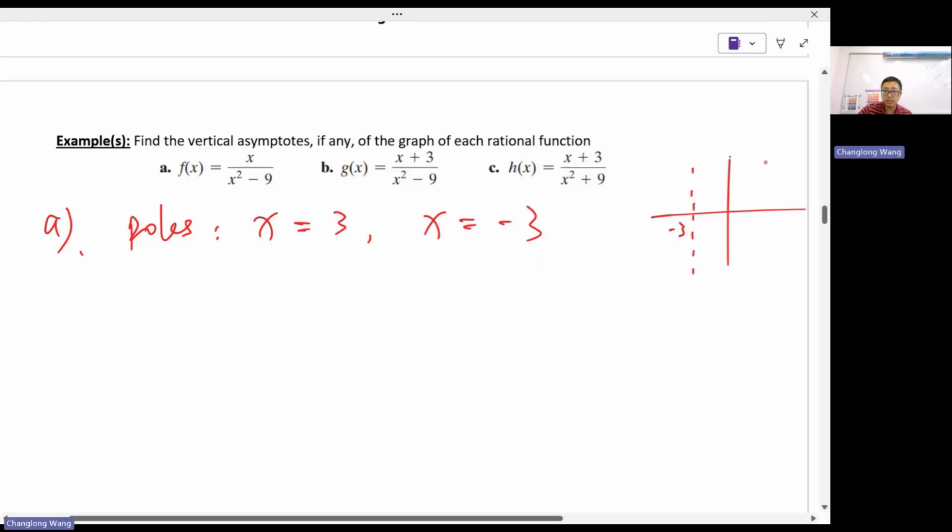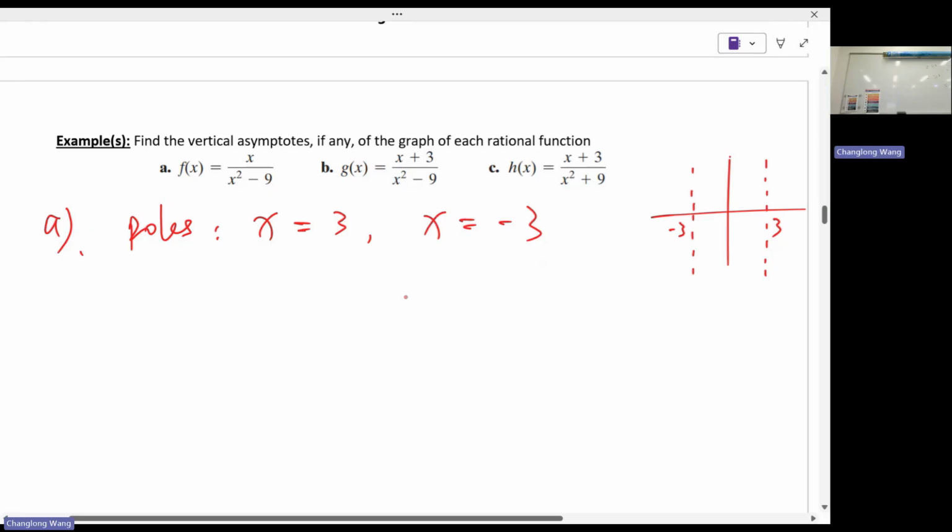The other is located symmetrically on the other side, positive 3. And the function is going to blow up, in a way, since those poles are odd poles. So remember that for the odd poles, the graph is going to blow up in opposite directions.